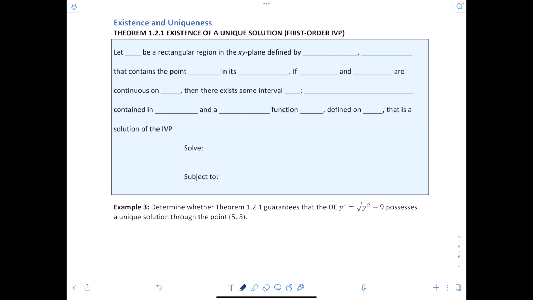So here we go. Let R be a rectangular region in the xy plane defined by a is less than or equal to x, which is less than or equal to b, and c less than or equal to y, less than or equal to d. And remember, because you're in a function of x and y, that contains the point x0, y0 in its interior.